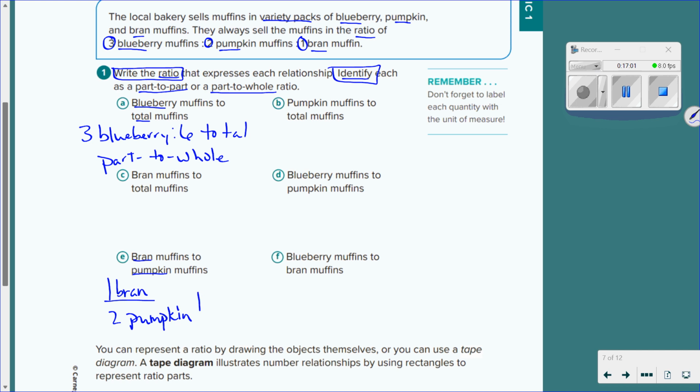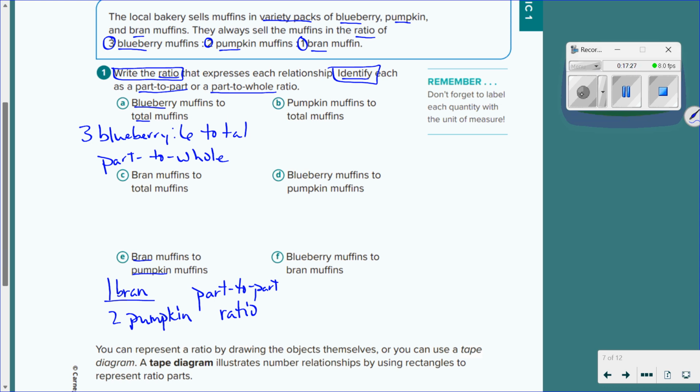Part to part. Does that make sense? Okay, so I'm going to let you guys do the other 4. You can see it's not real difficult. It doesn't really matter what format you use, but make sure you're labeling what the part of the ratio is that you're talking about. Okay? So we'll give you guys about 3 minutes to do those 4.